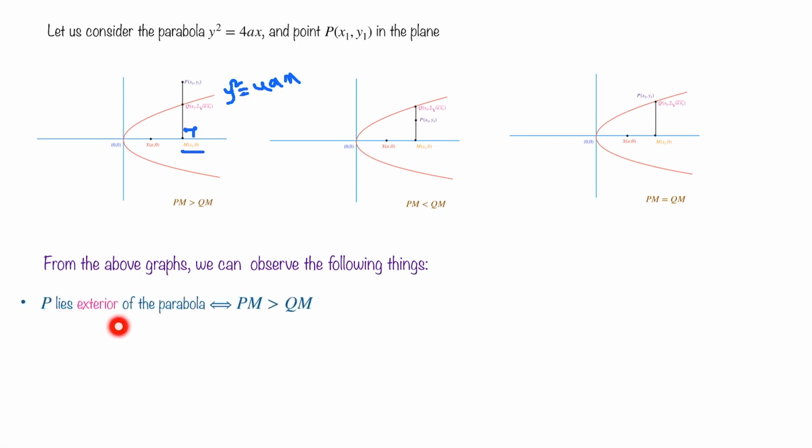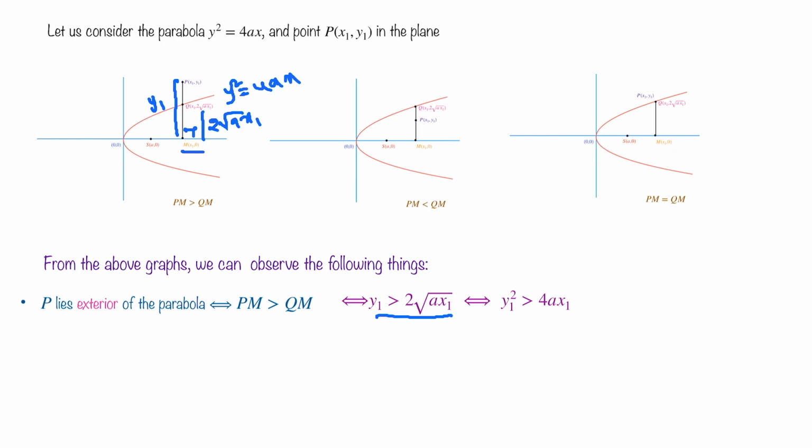P lies exterior to the parabola if and only if PM is greater than QM. So what is PM? The height PM is y1. And what is QM? The height QM is 2 root a x1. So P lies exterior to the parabola if and only if y1 is greater than 2 root a x1.